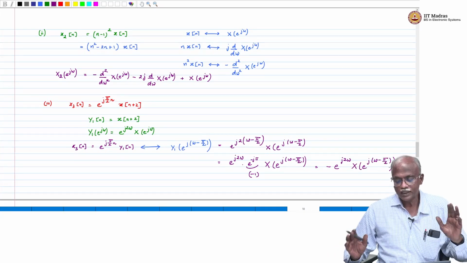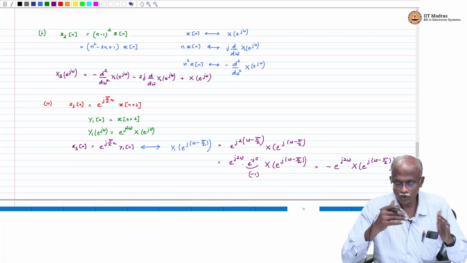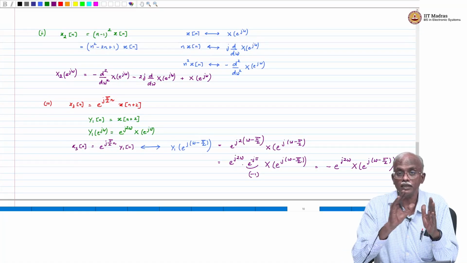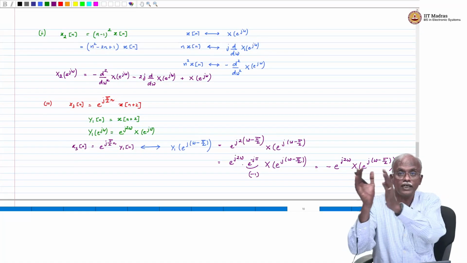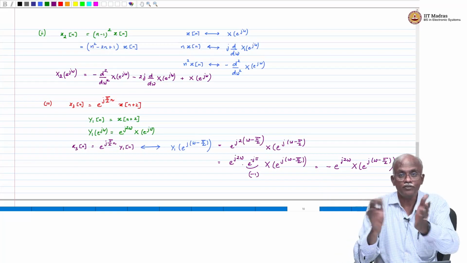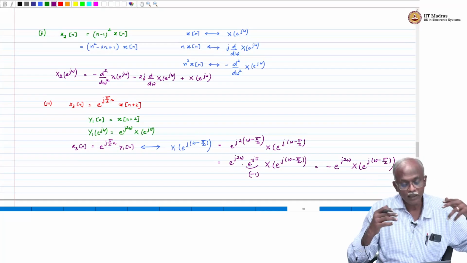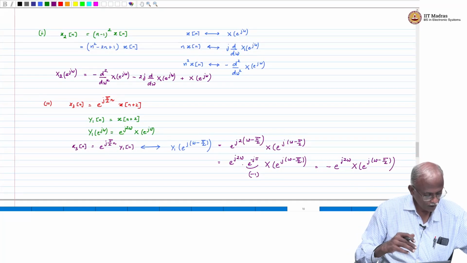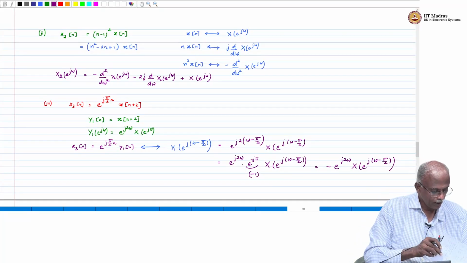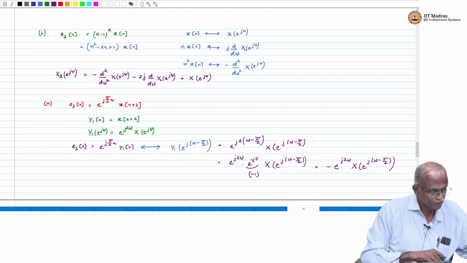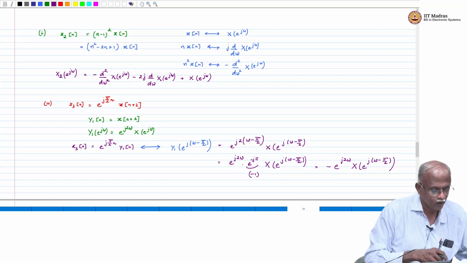Okay. So, the ability to obtain the DTFT using a reference DTFT by frequency shifting, time reversal, all of these are important elements, and I would like you to be comfortable with that and also be able to derive that.